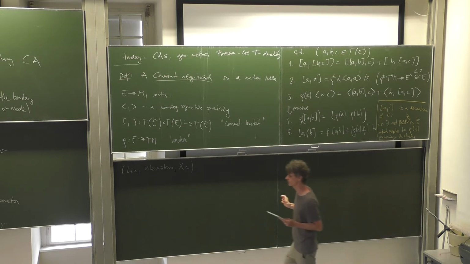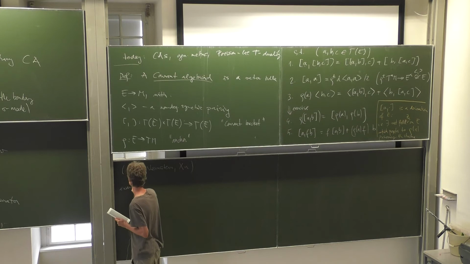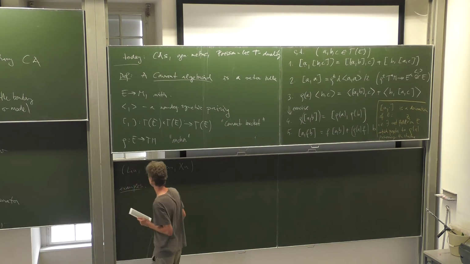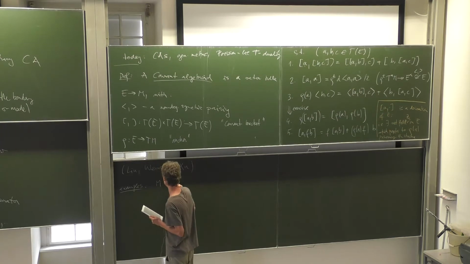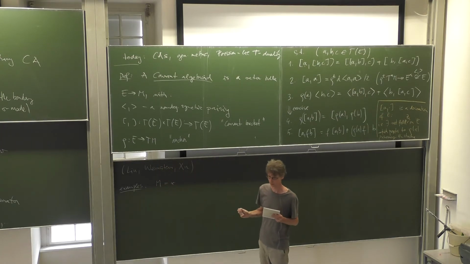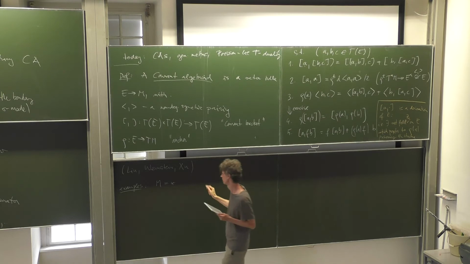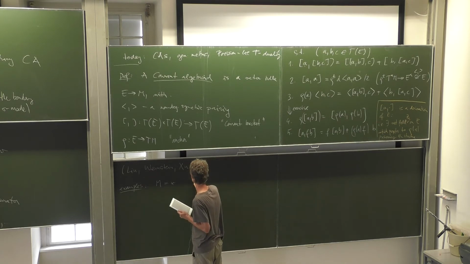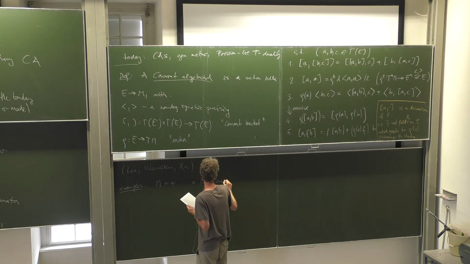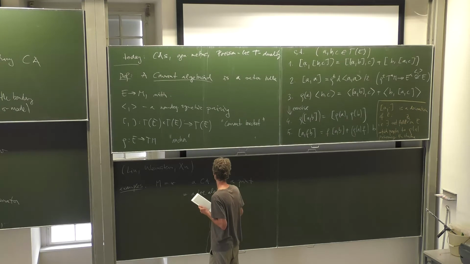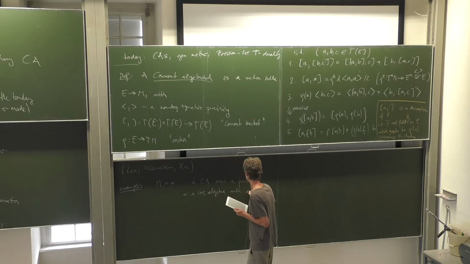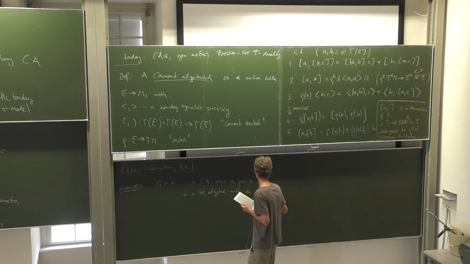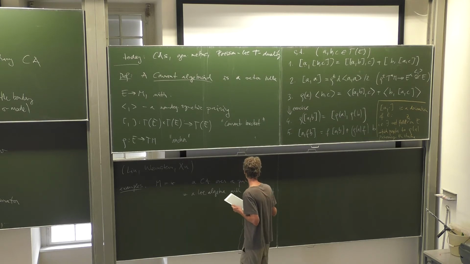Okay, so what are examples? First of all, if M is a point, then a Courant algebroid over a point is the same thing as a Lie algebra with an invariant inner product of arbitrary signature, an invariant pairing.